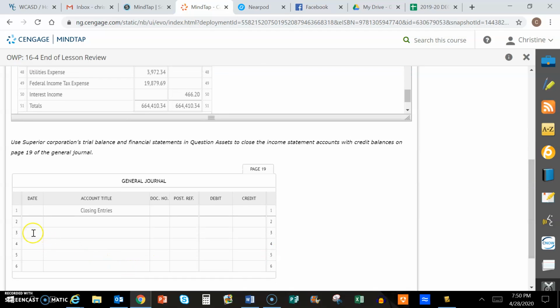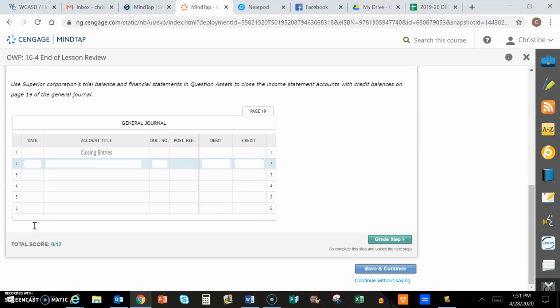So let's start with our date, December 31st. We're going to start with sales. And just remember, your adjusting entries and closing entries do not have a doc number. I wrote these all down, so I'm just going to start plugging away here. So sales was 505,897. Hopefully I wrote it all down correctly.